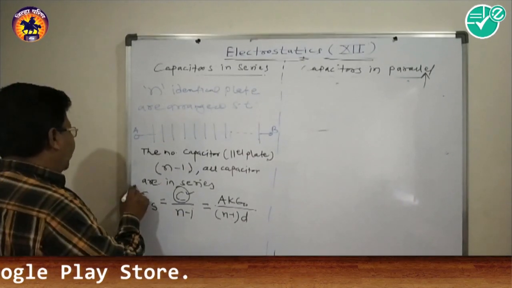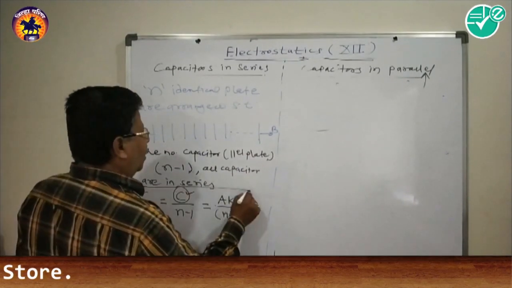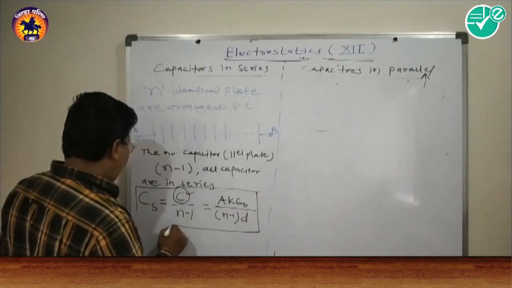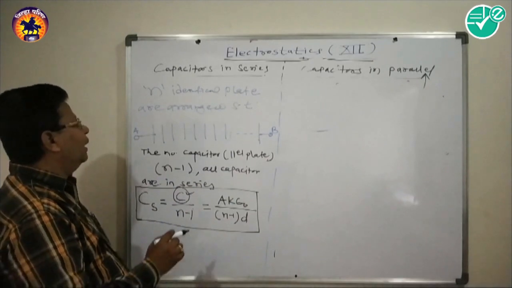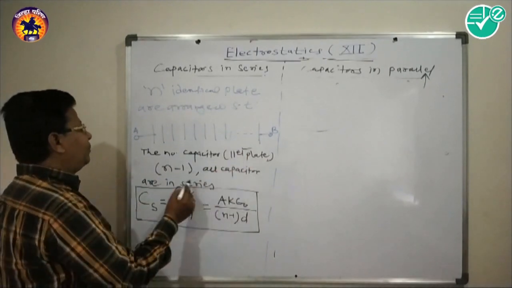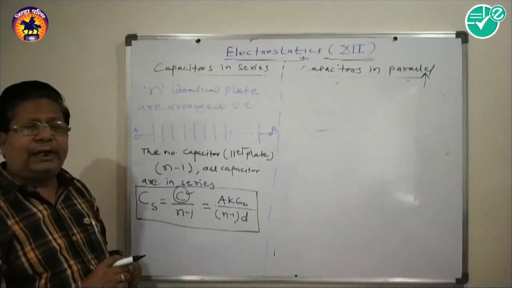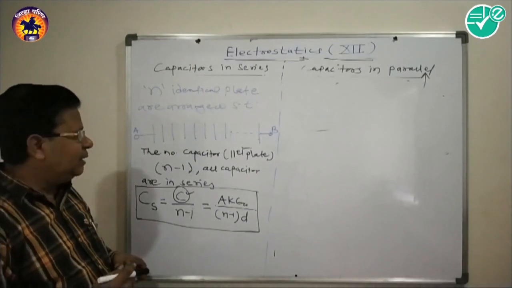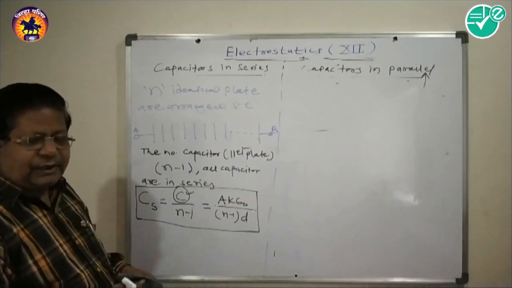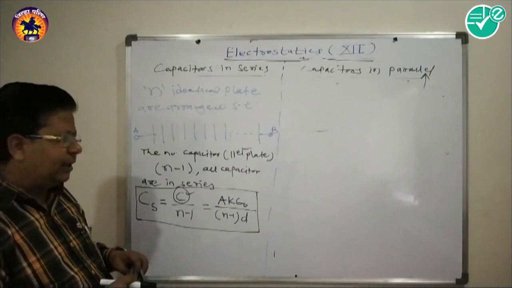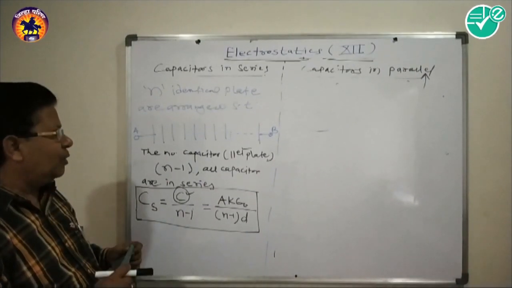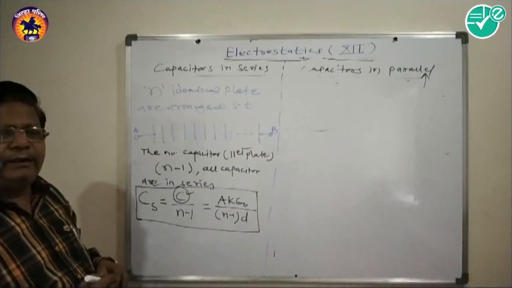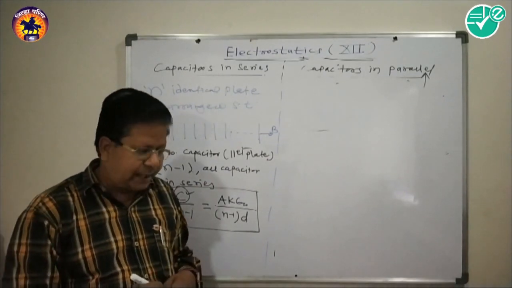So we have obtained the formula: when n identical plates are arranged in this manner, the number of parallel plate capacitors formed is n minus 1, and these capacitors are connected in series, then the equivalent capacitance comes out to be A K epsilon 0 divided by (n minus 1) times d.